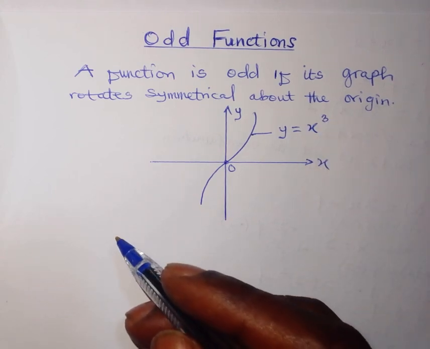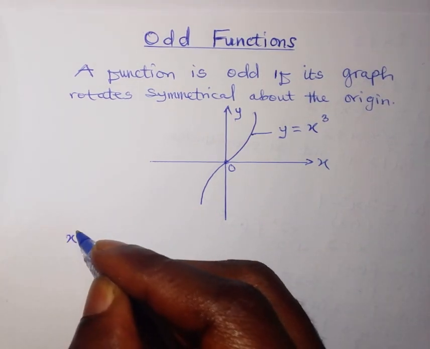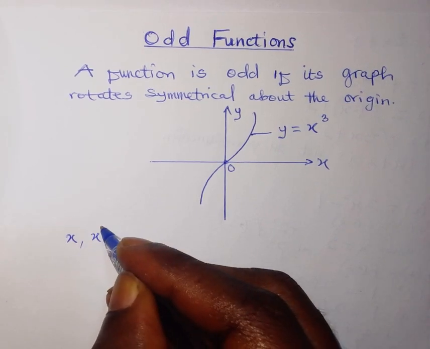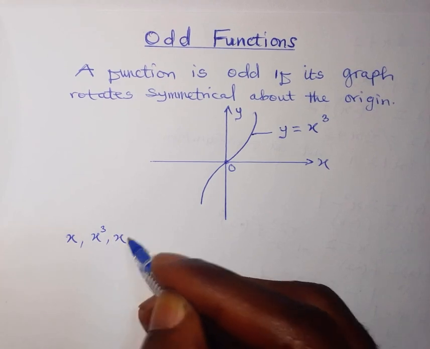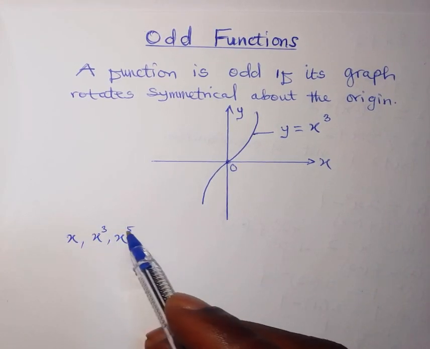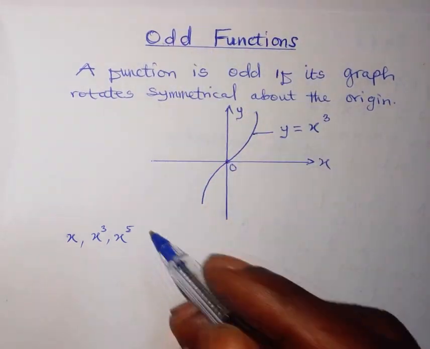We can talk about x, with degree 1, because 1 is odd. You can talk about exponent 3, and exponent 5. Once you realize that the exponents are odd, as the name suggests, they are all examples of odd functions.